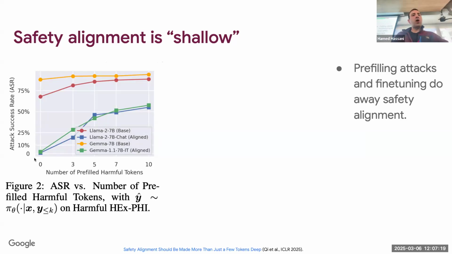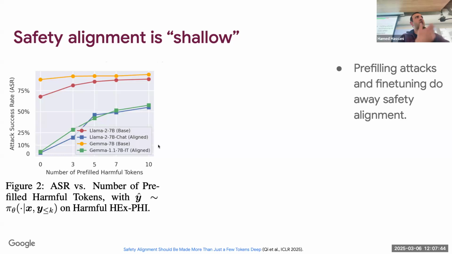You see that without pre-filling, these models are very, very safe. They get about 0% attack success rate, whereas the base models have a high attack success rate. But when you start pre-filling just a few tokens, like 7 tokens, 10 tokens, all of a sudden the attack success rate goes above 50%, right?